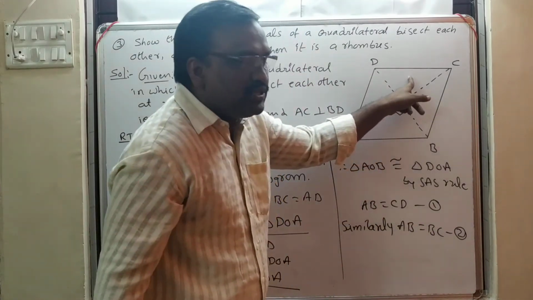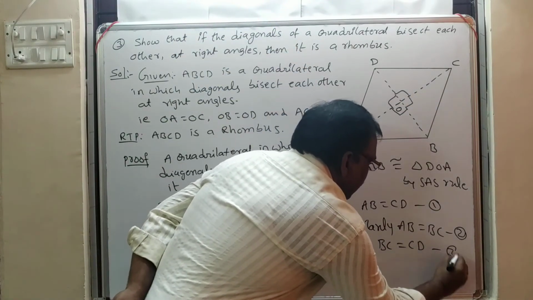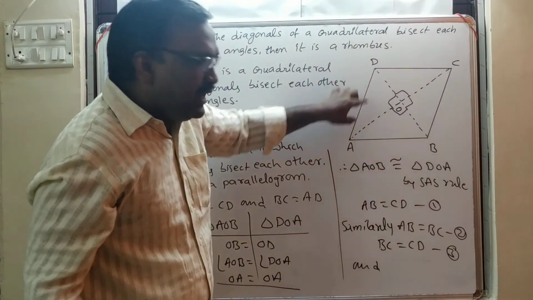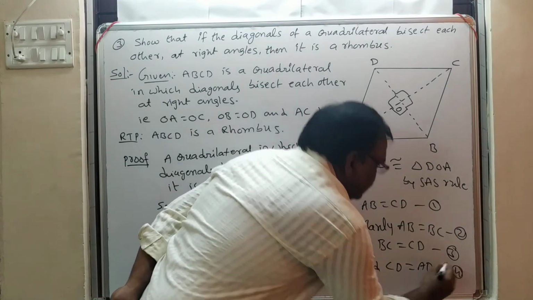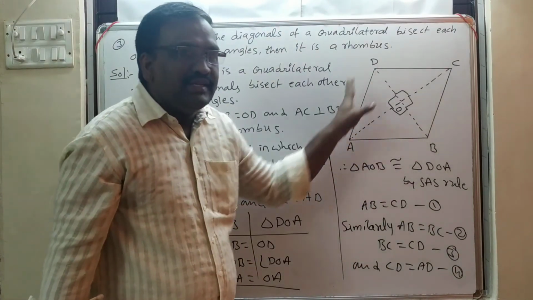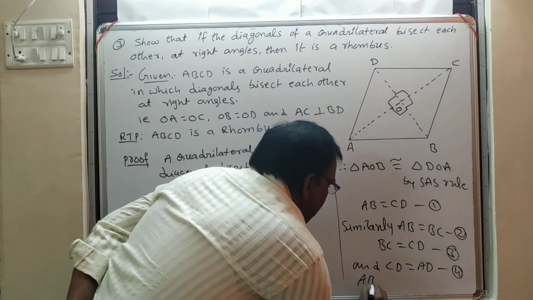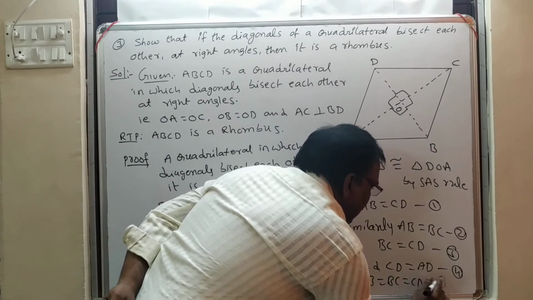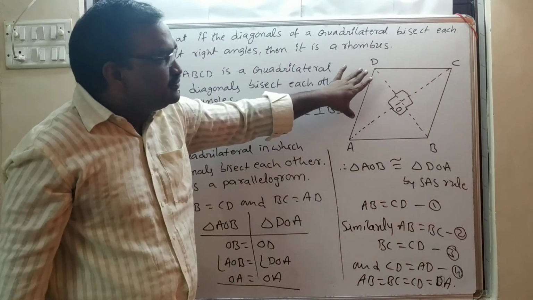And BC is also equal to CD, and CD is also equal to AD. From 1, 2, 3 and 4 we can write all sides are equal. AB is equal to BC is equal to CD is equal to DA. So basically ABCD is a parallelogram.